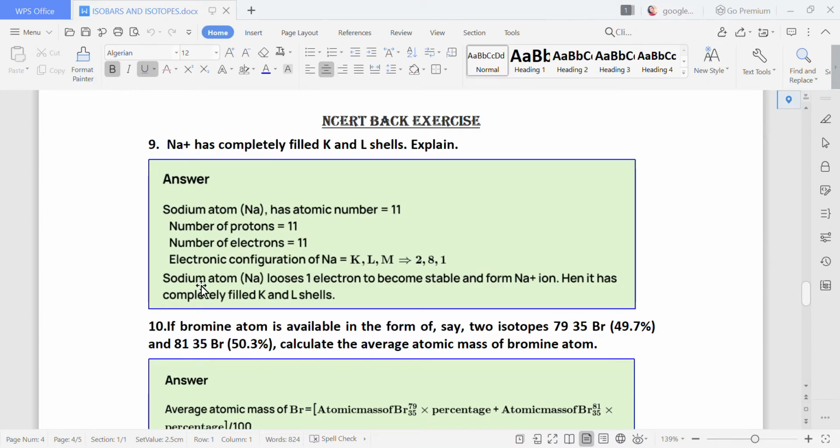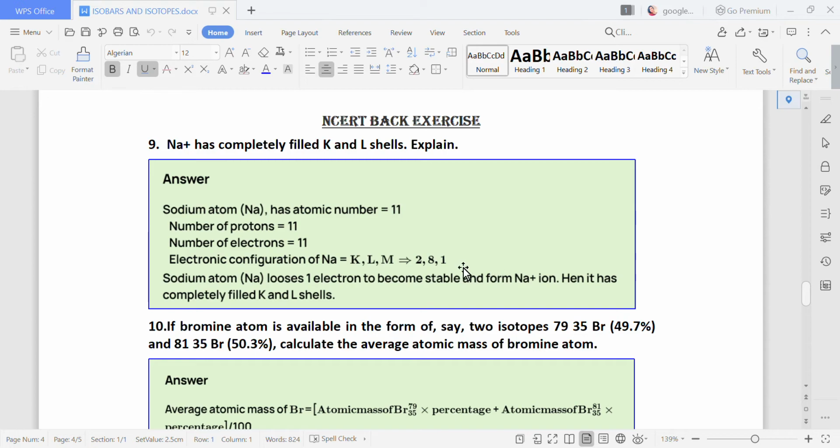Now, the sodium atom loses one electron. Why does sodium lose one electron? Because every atom wants to have 8 electrons in its outermost orbit or shell. To become 8, sodium should either give away this one electron or take 7 electrons.